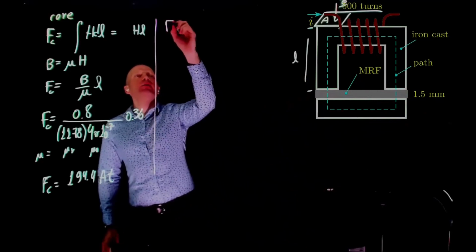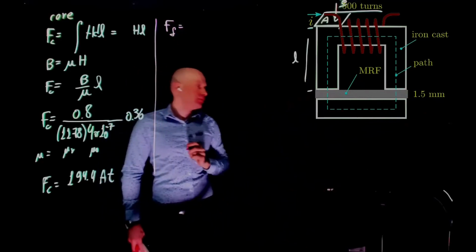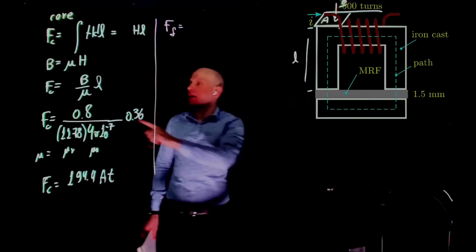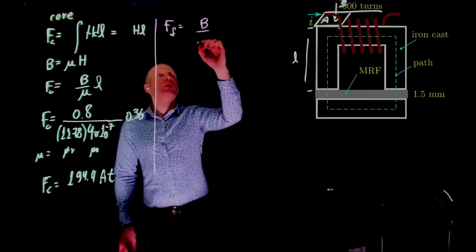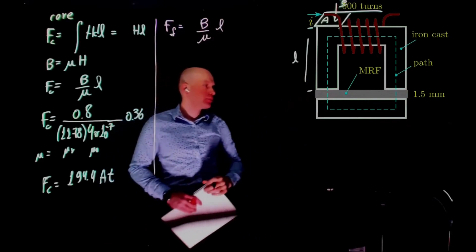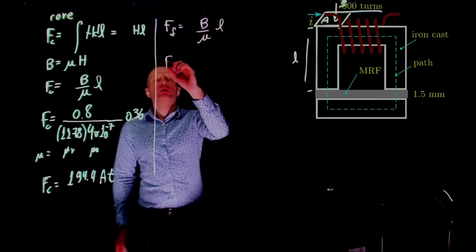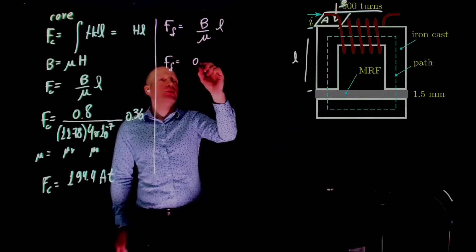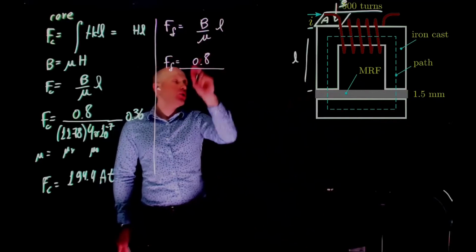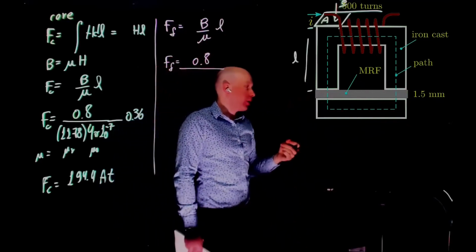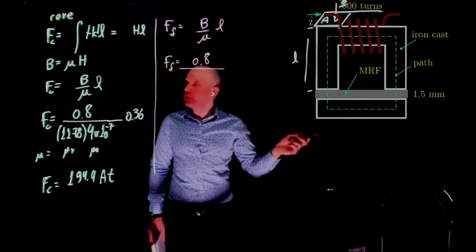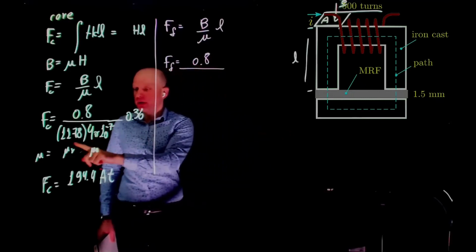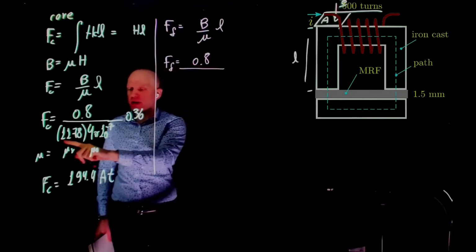This would be the F fluid. F fluid is the same as B over mu times L. B is 0.8. Mu is the permeability of the fluid itself, but now we have a different permeability. You see that the relative permeability here is 4.